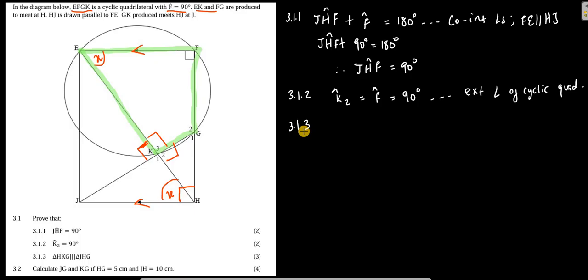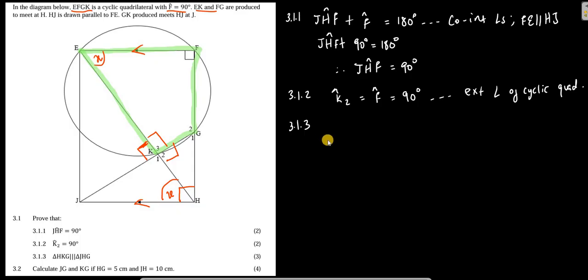But please, guys, it's the exterior angle. If you want, you can also say that this and that should give you 180, then you say opposite angles of a cyclic quad, then you get K2 using angles on a straight line. It's still okay. There are many ways of doing it.